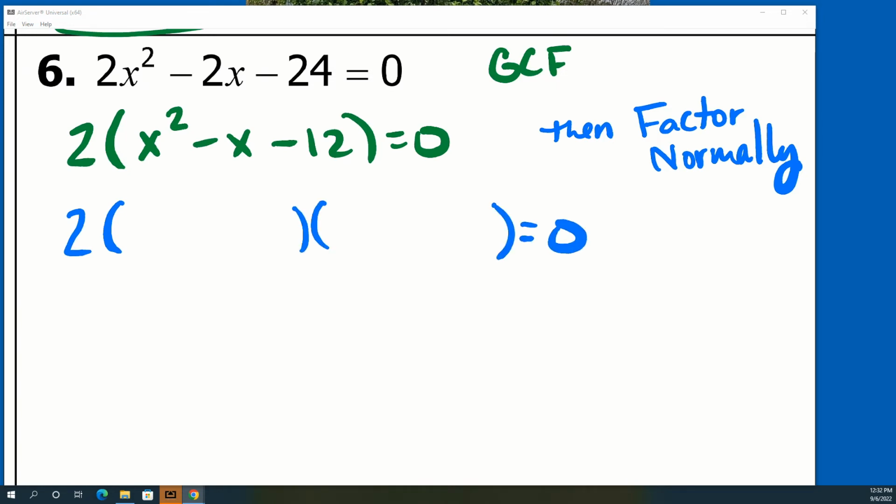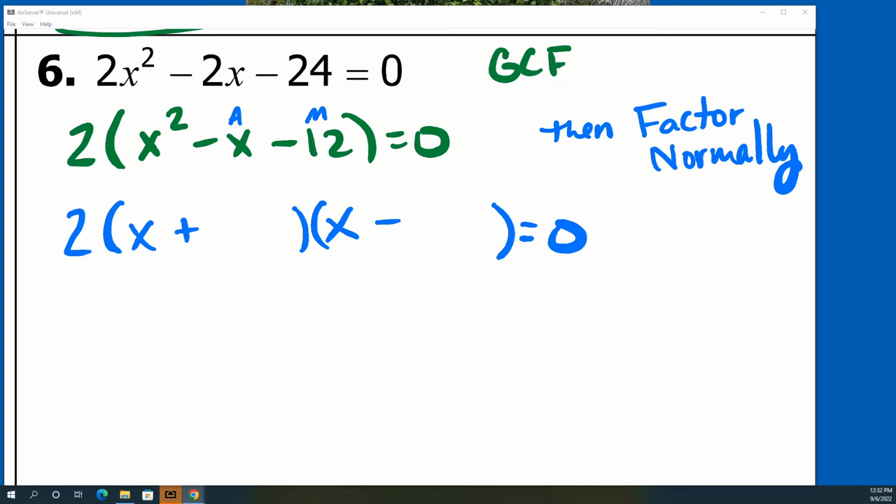And then for x squared, it's going to be x and x. And we're going to multiply to get negative 12. And then we're going to add, or pretty much subtract, to get negative 1. So I know 100% of the time, if you multiply and get a negative, it's a positive and a negative.